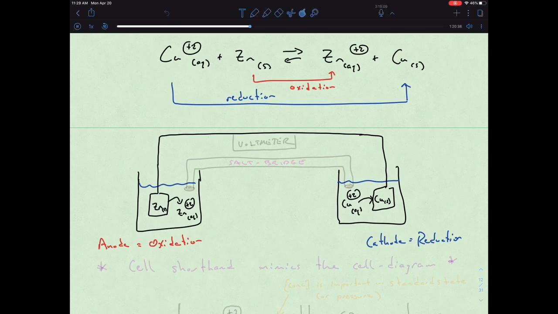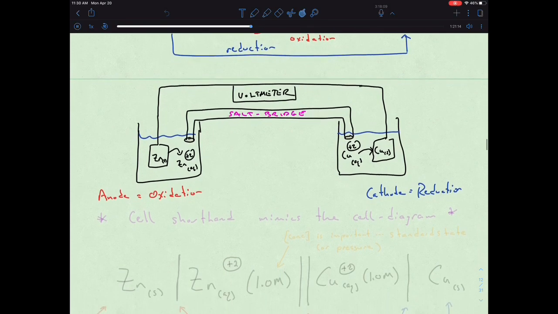And we had this voltmeter giving us an idea of voltage. And then lastly, we had the salt bridge. So that's this idea of cell shorthand. Quick review there.